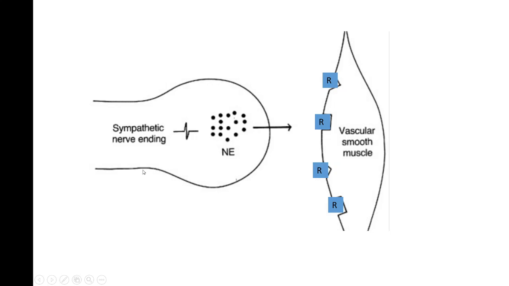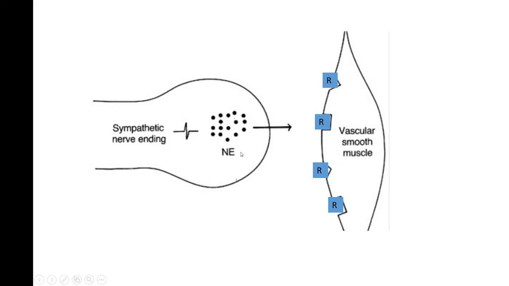This is a sympathetic nerve ending now, and this is the organ. Here, for example, vascular smooth muscle. Now here is the noradrenaline or norepinephrine. On arrival of stimulus, norepinephrine, which is stored in vesicles, will be released.